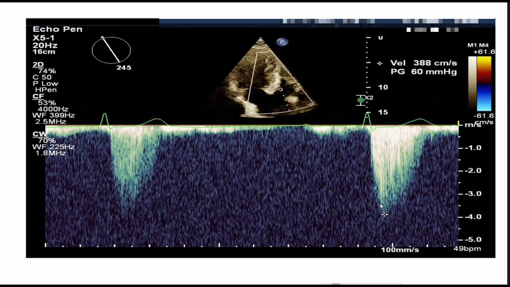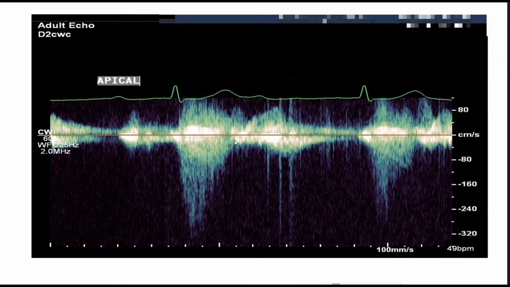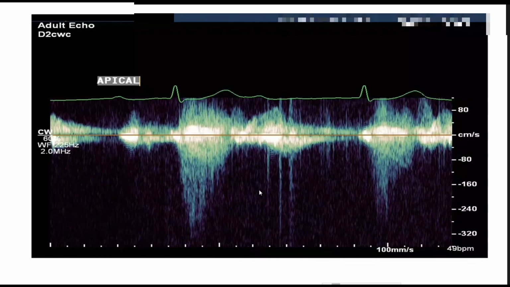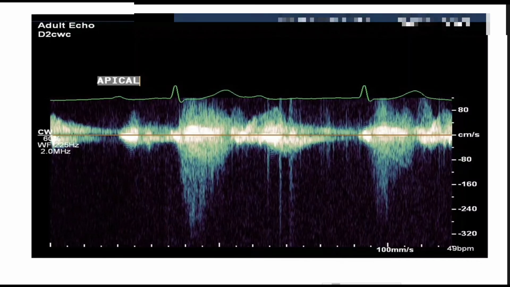Is everyone satisfied with the quality of the Doppler signal? Do you think they should have done anything different? Tried harder, or is that all good data for you? That jet starts at the QRS. I would say that's probably MR being imaged there.